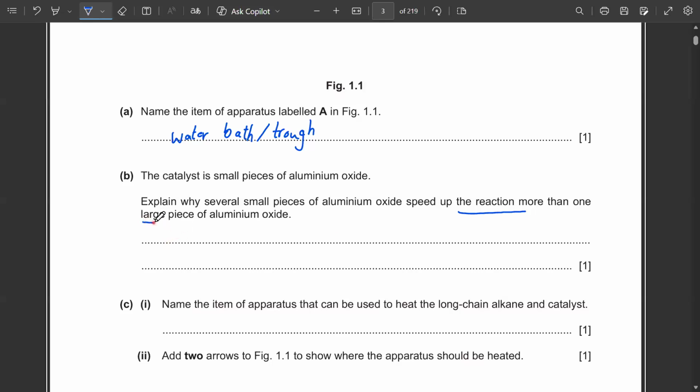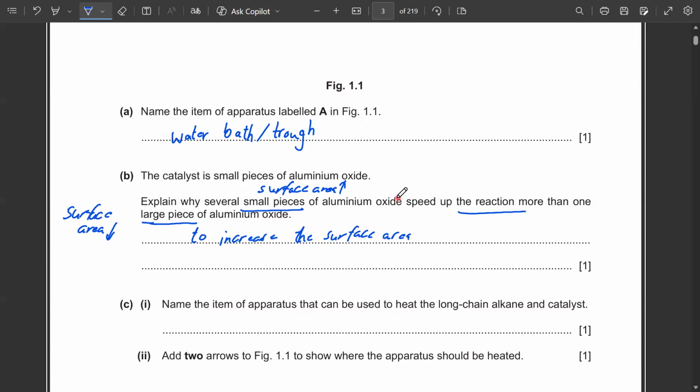Large pieces have smaller surface area, and for smaller pieces, the surface area is greater. So we will say, to increase the surface area. I hope it's clear to everyone.